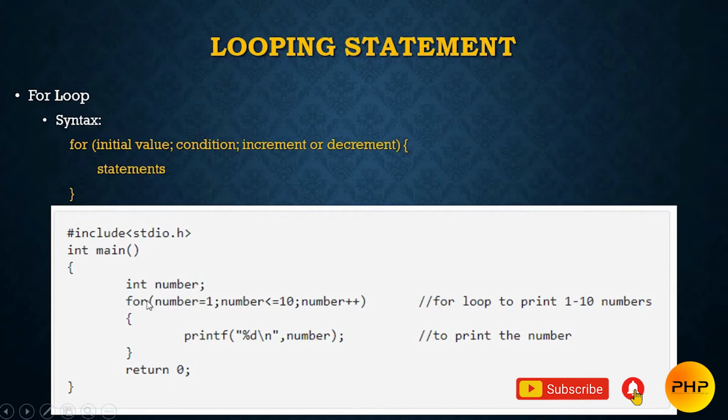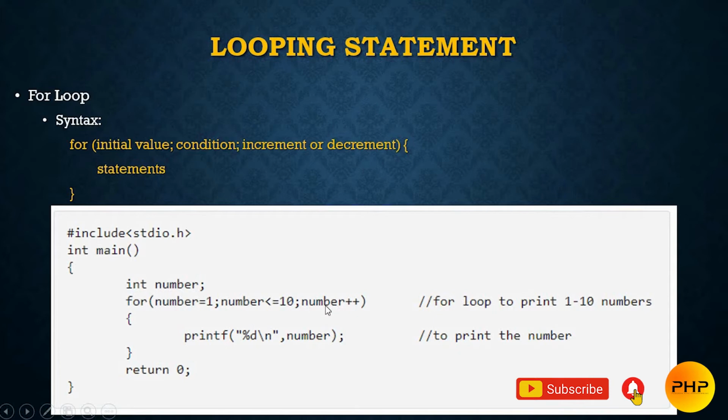We have the initial value here as number equal to 1. Then the condition says number less than or equal to 10. What should be the increment or decrement? We are saying number plus plus, which means number plus 1.